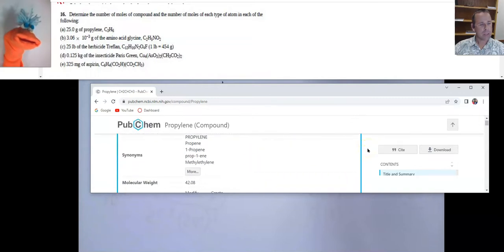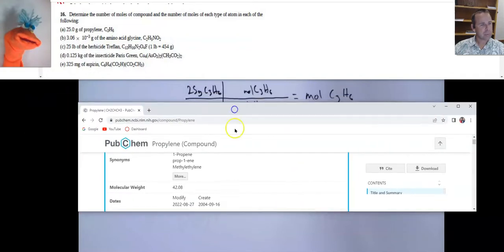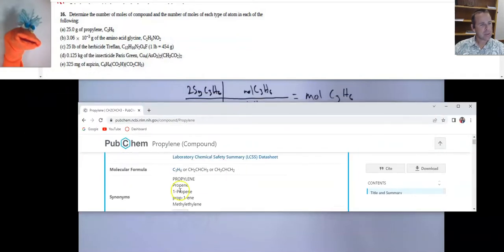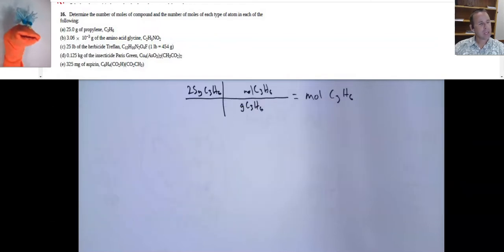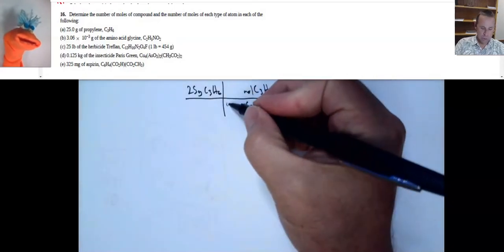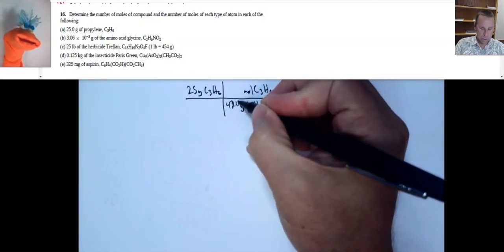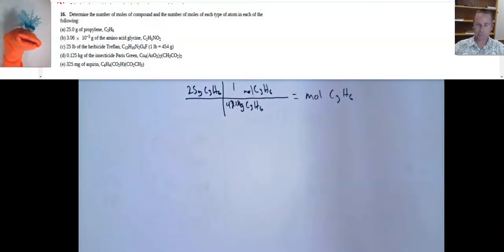Okay, C3H6, 42.08. All right, good. I guess the idea is, oh, propene is another name for propylene. Okay, so what number was it again? 48? Was it? Let me double check here. 42.08. So 42.08 grams for every mole.